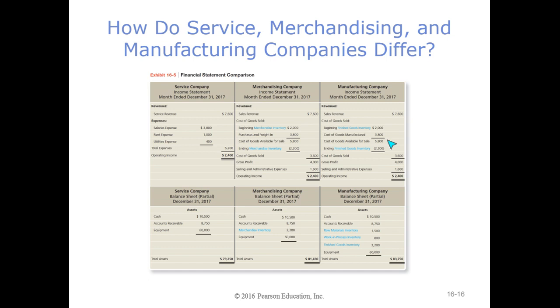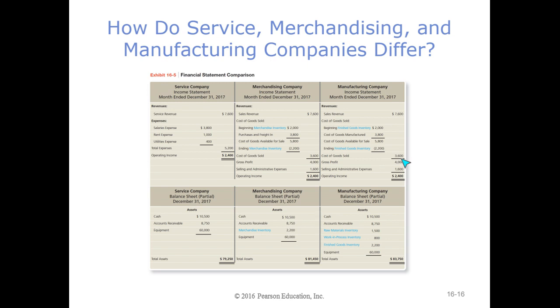We're going to add those together to get a total cost of goods available for sale at $5,800. And then bring in our ending finished goods inventory, which we have as $2,200. So our total cost of goods sold is $3,600.